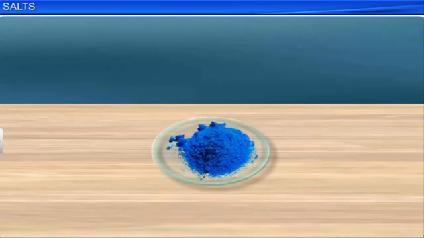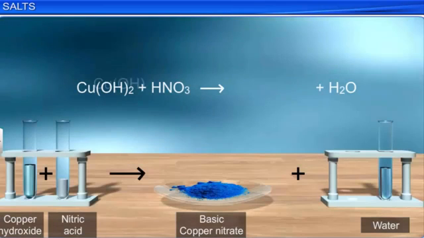Basic salts are the salts formed by the partial replacement of the hydroxyl groups of a diacidic or triacidic base by an acid radical. For example, in the formation of basic copper nitrate from copper hydroxide and nitric acid, the hydroxide ion is replaced by the nitrate ion.